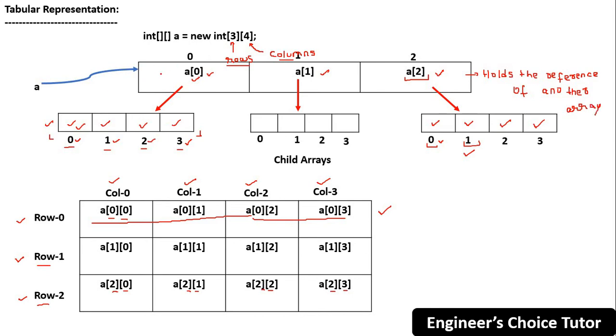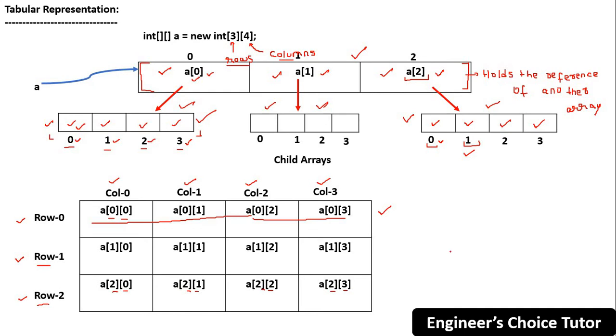For example, this a0 holds the reference of this array. This a1 holds the reference of this array. This a2 holds the reference of this array. And this itself is a parent array. That is why we are saying array of arrays.